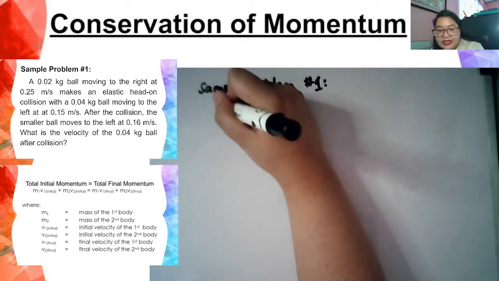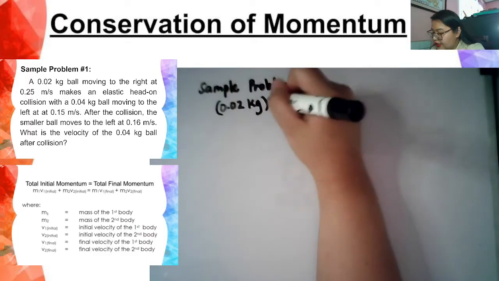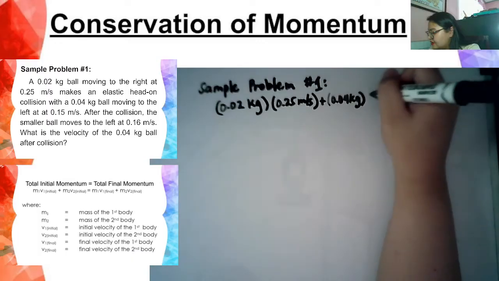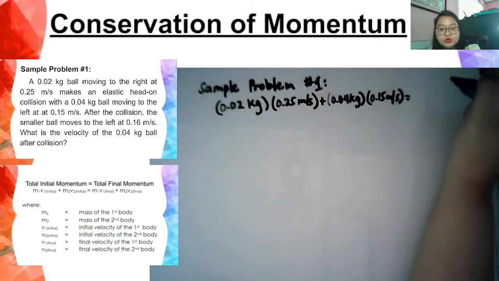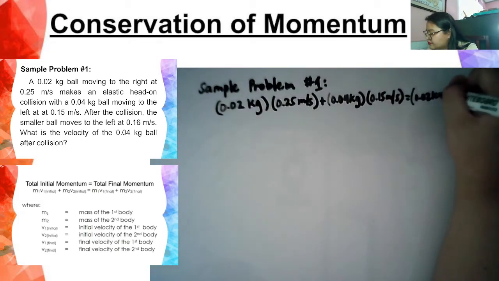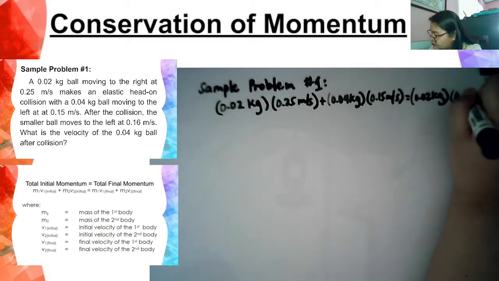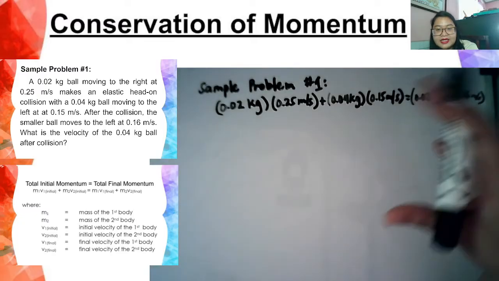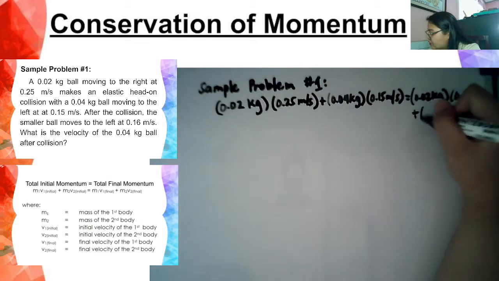We have here the mass of the first object, which is 0.02 kilogram, times the initial velocity of the first object, which is 0.25 meter per second, plus the mass of the second object, which is 0.04 kilogram, times the initial velocity of the second object, which is 0.15, is equal to the mass of the first object, 0.02 kilogram, times the final velocity of the first object, which is 0.16 meter per second, plus the mass of the second object, which is 0.04 kilogram.